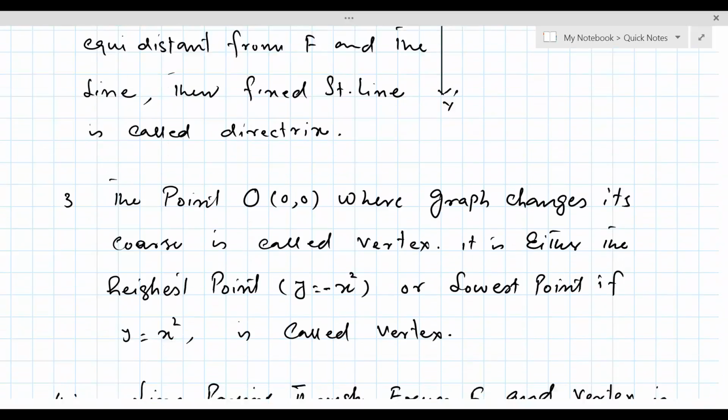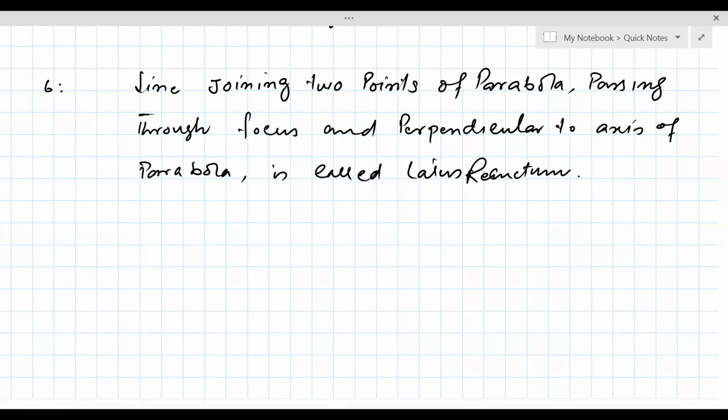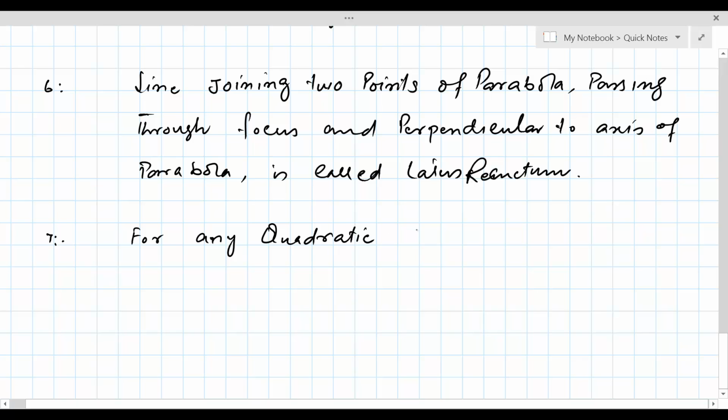And now we will discuss how we find the intercepts. For any parabola, for any quadratic function, we can find intercepts like this.